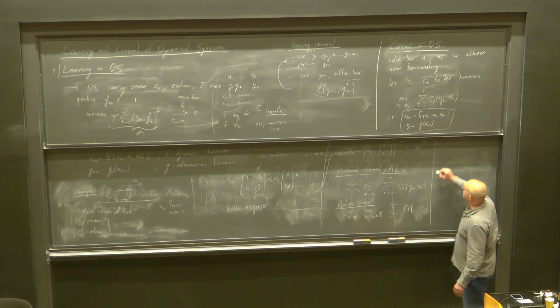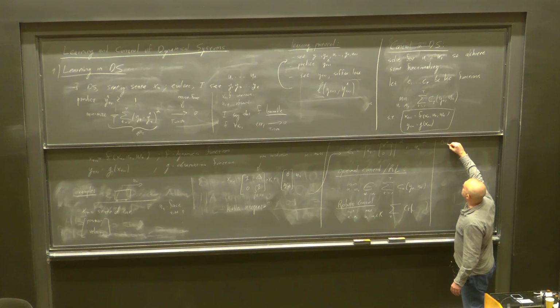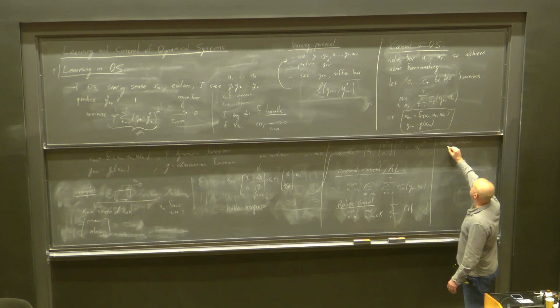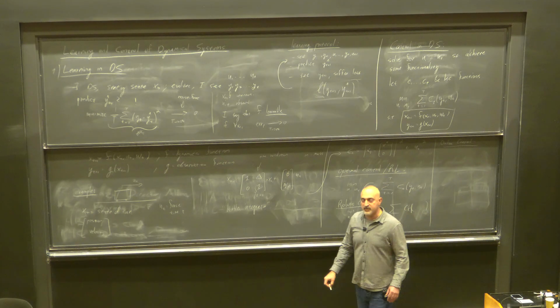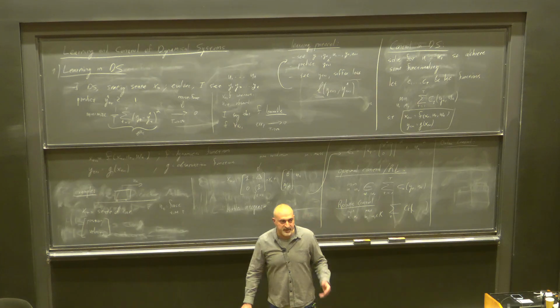And then most relevant to this course is something newer. It's called online control. In online control, you don't have this minimum in the beginning because things are not defined ahead of time, just like in our regret setting.